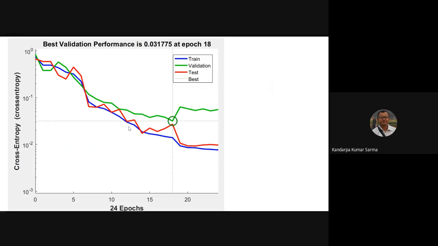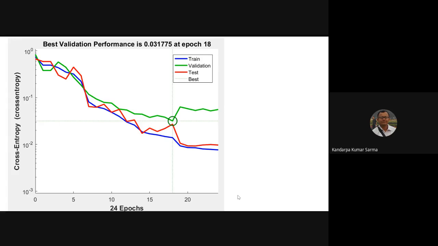So here is one of the graphs: cross entropy and the best validation check, and convergence plots shown together for different numbers of training cycles.